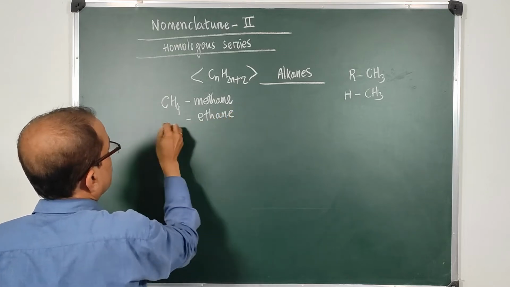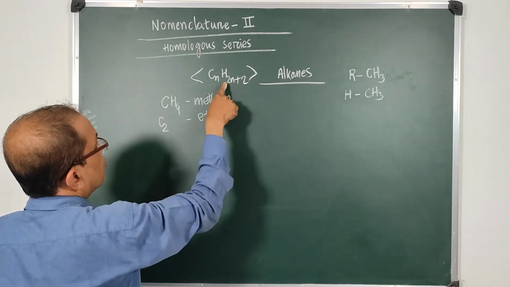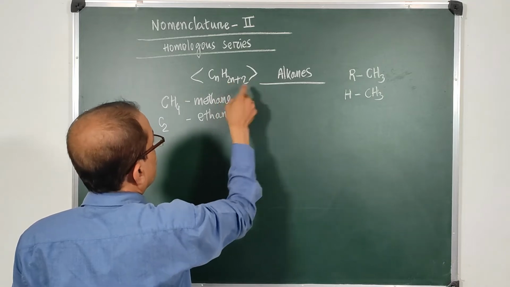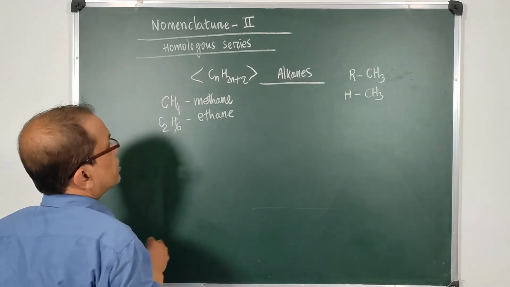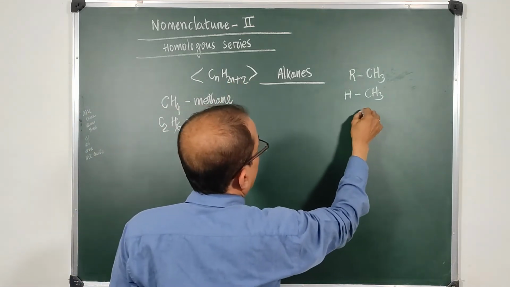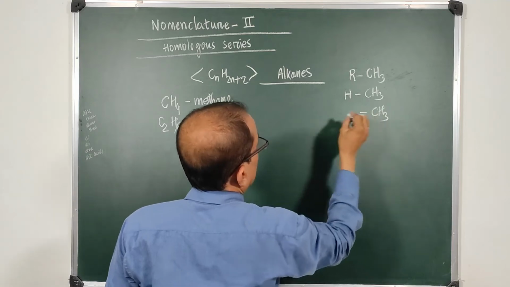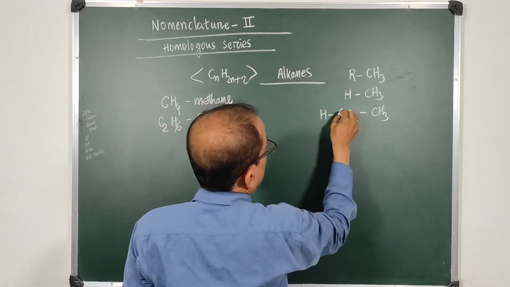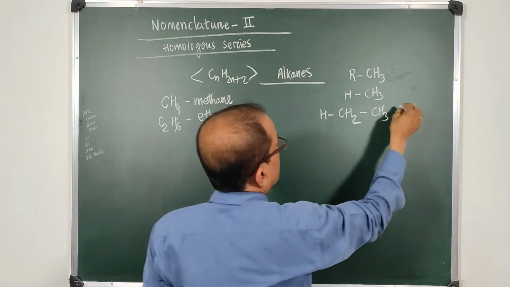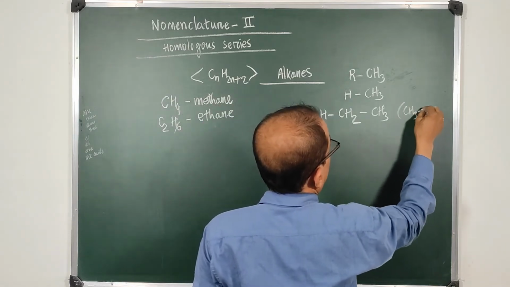There are 2 carbon atoms, so the number of hydrogen atoms will be 2 into 2 plus 2, so 6, C2H6, and the last one is CH3. So you can write HCH2CH3 or simply CH3CH3.